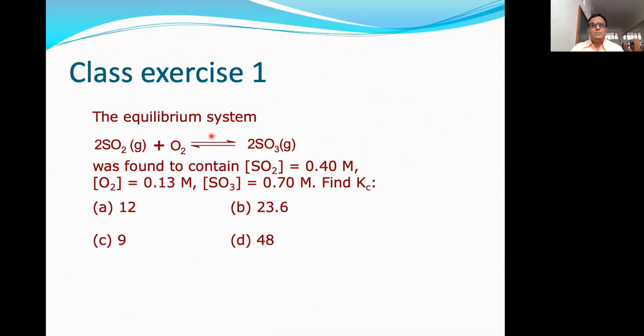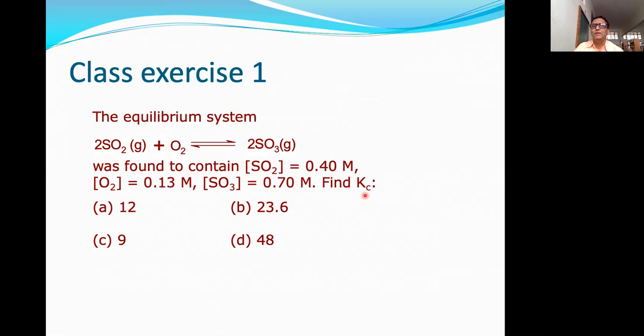The equilibrium system is given as 2SO2 gaseous plus O2 gives 2SO3 gaseous. It was found to contain concentration of SO2 equal to 0.40 mole, concentration of O2 equal to 0.13 mole, and concentration of SO3 equal to 0.70 mole.